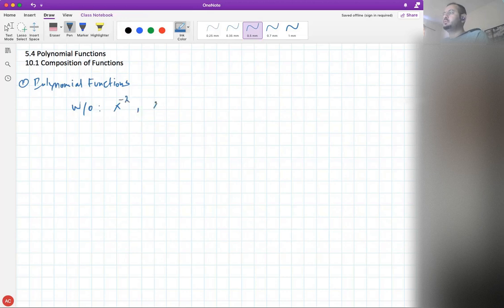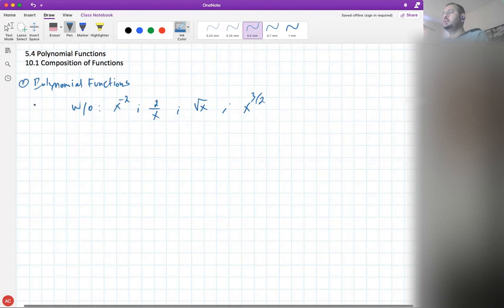They don't have, for example, variables in the denominator, also no radicals or powers that are not whole numbers, no powers like 3/2. So polynomials basically don't have any of this.